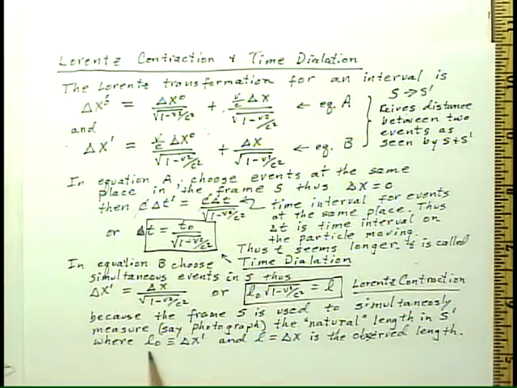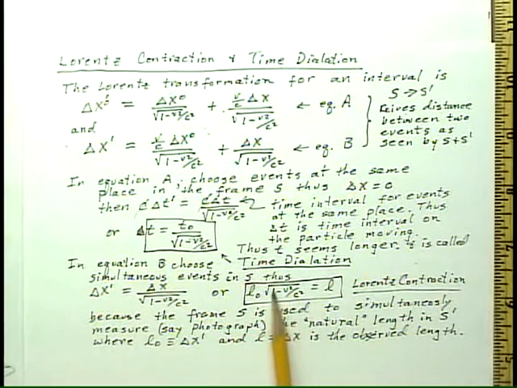Consequently, the natural length is the length in the primed frame, because the other frame was used for the photography, and we can say that the length that you observe is the natural length times the square root of 1 minus v squared over c squared.